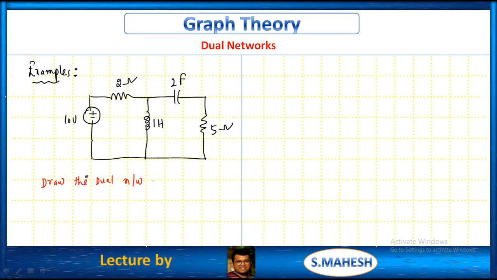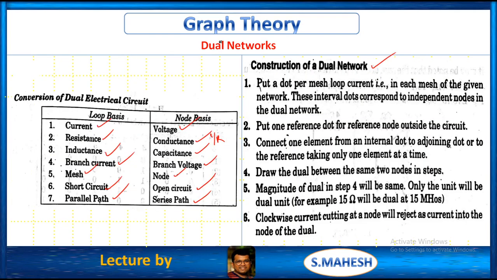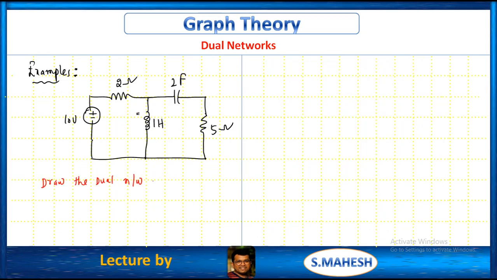So we all know that the first step is what? Put a dot per mesh, that is, in each mesh of the given network. We have to put a dot for each mesh. Okay, plus minus.